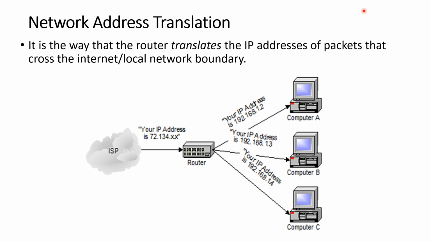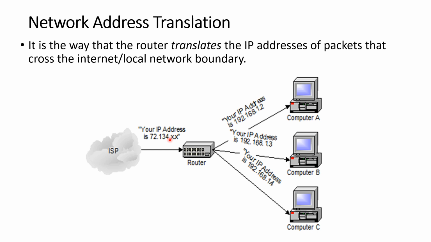The router keeps a record of this translation in a NAT table, linking the public IP back to computer A. When a response comes back from the internet, it is directed to the router's public address.